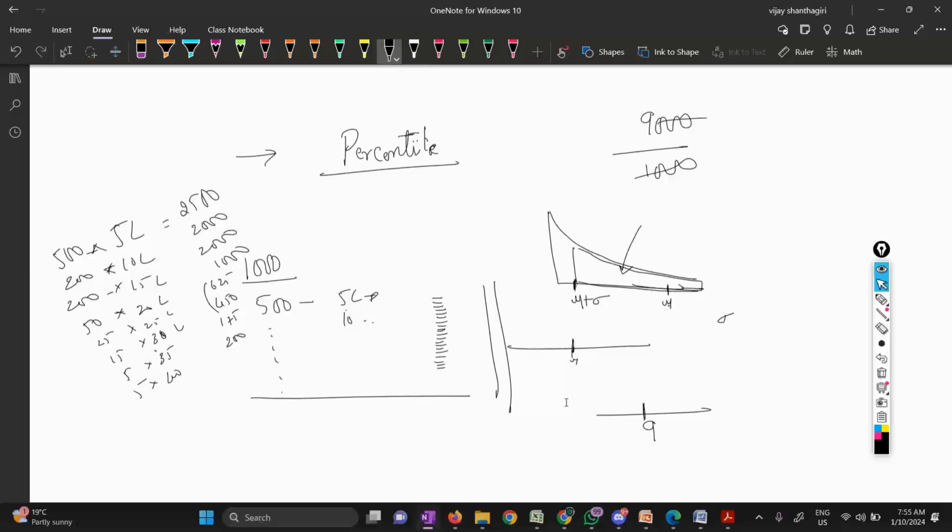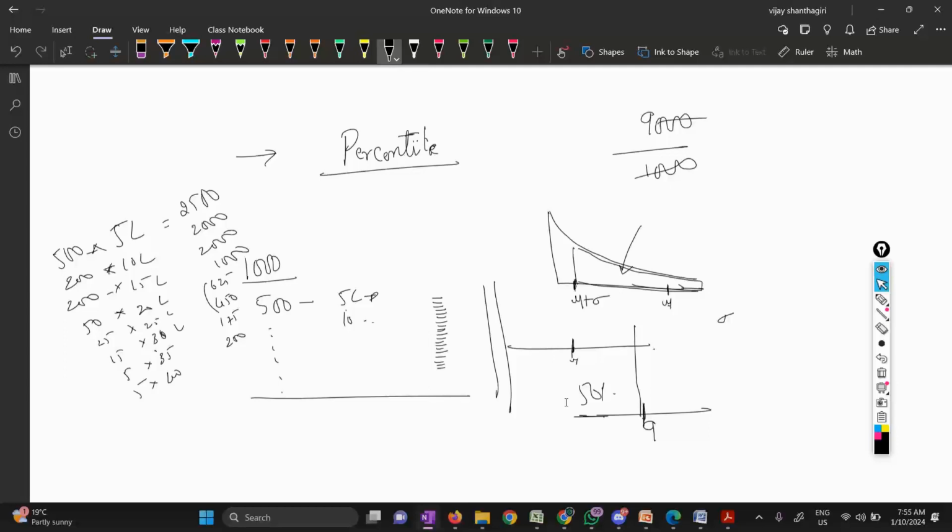And 500, see this whole thing, half of them are here only. Less than 50% are here. Then slowly you will find 200, 20%.